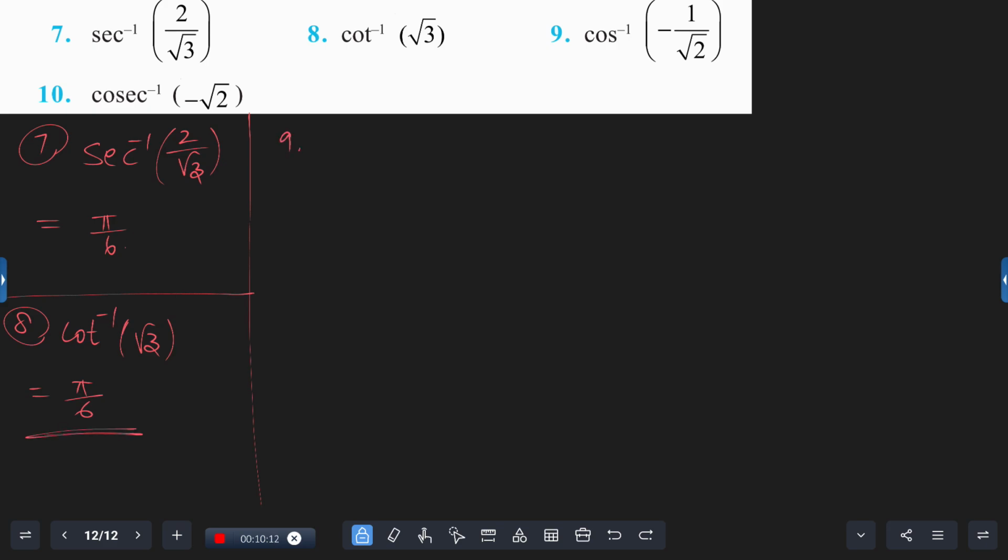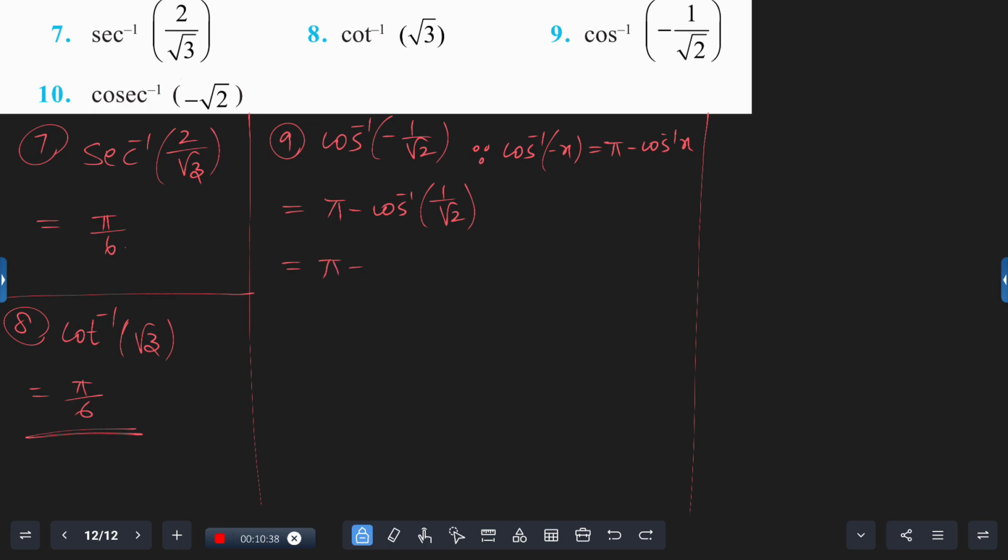Right, question number 9: cos inverse of minus 1 divided by root 2. Here we have to use a formula: cos inverse of minus x is equal to pi minus cos inverse x. So what will you get? Pi minus cos inverse 1 by root 2.